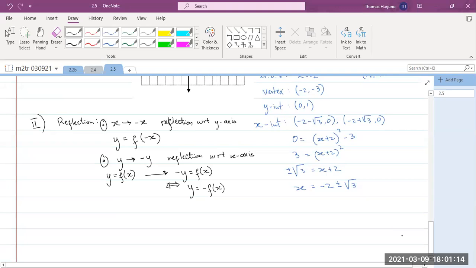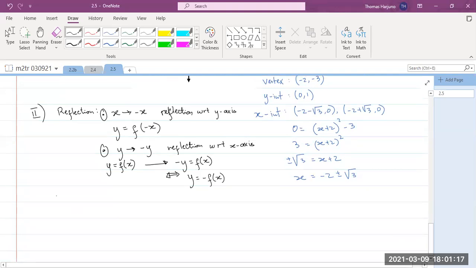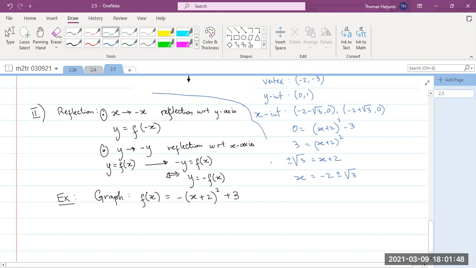Okay, so suppose I have, for example, now this gets into a more complicated case. Graph f(x) equals negative (x plus 2) squared plus 3. Then how do we attack that?